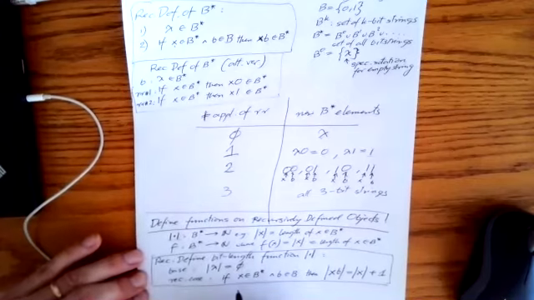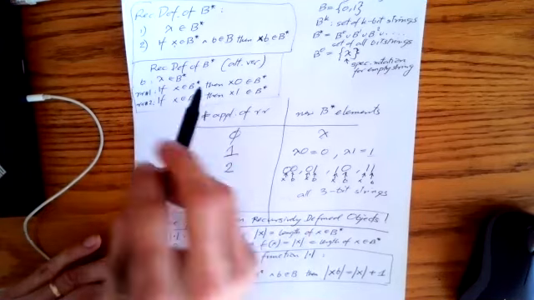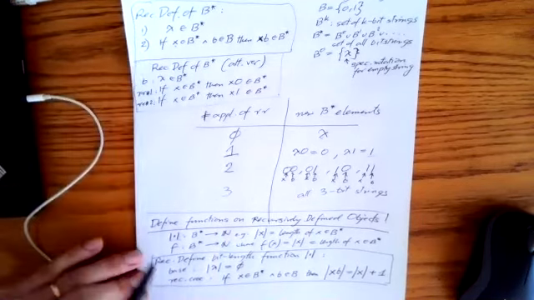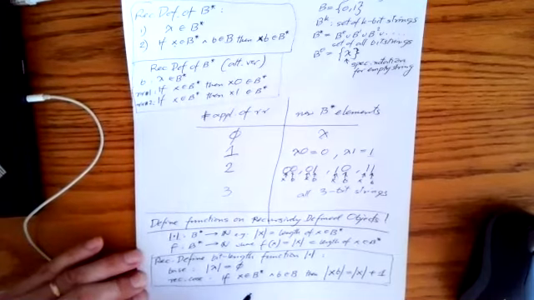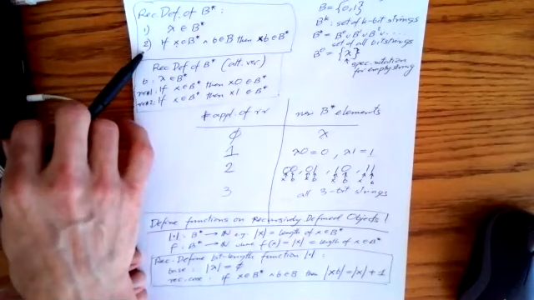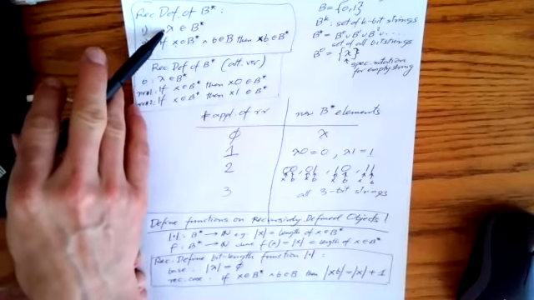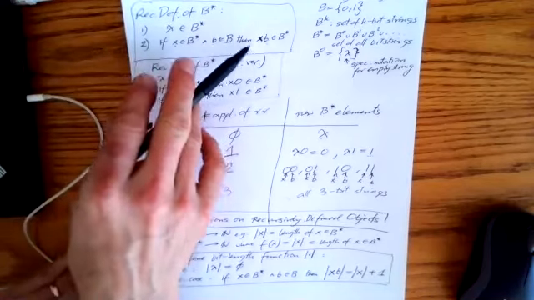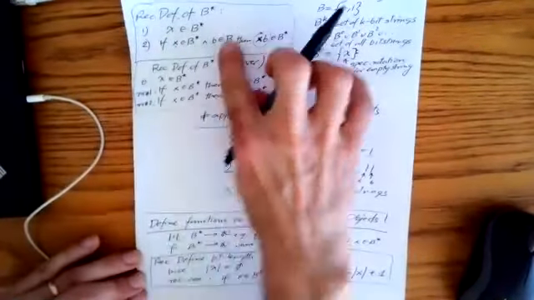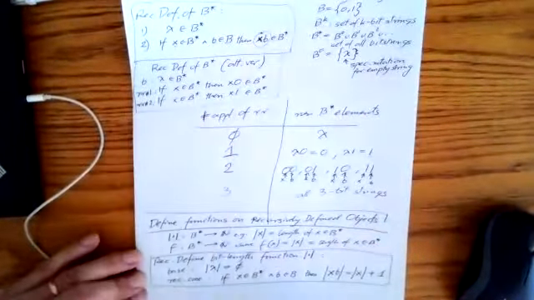Now, this recursive definition of the bit length function on these objects in B star works with this recursive definition of elements of B star, because there are only two ways that something can be an element of B star. It's either an empty string or it has the form xb, where x is in B star and b is a bit.